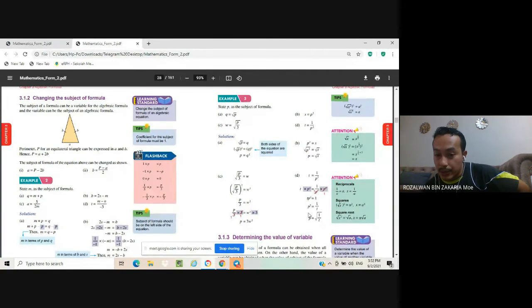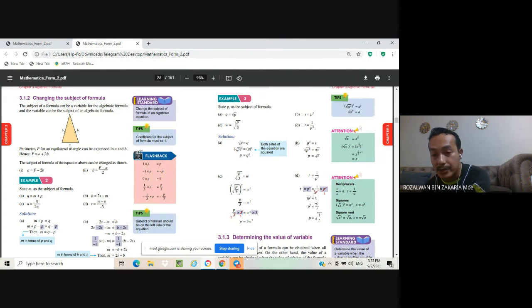So next what to do? We don't want this T here. We just want P alone, P as the subject. So what to do? You need to divide by T here. TP square divide by T on your left side.